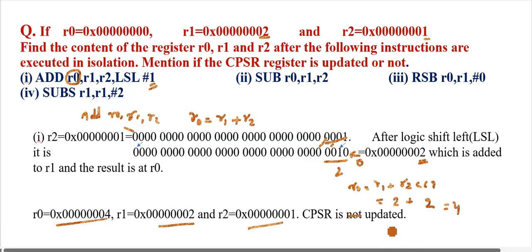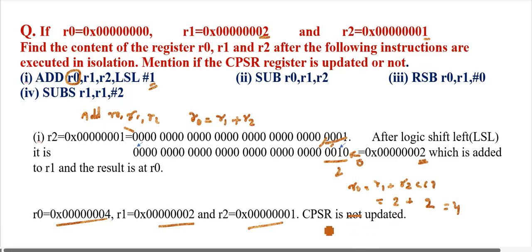Already it is 0. Why is it written as not updated? Suppose previously the carry flag is 0. Here it is not resulting in a 0 answer, so whatever value is there, the same value will be there.